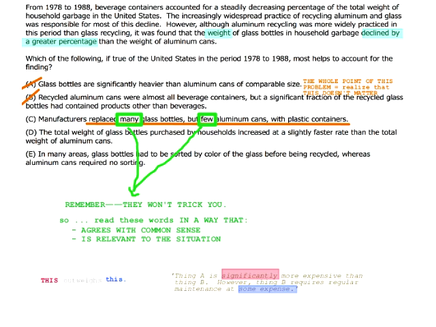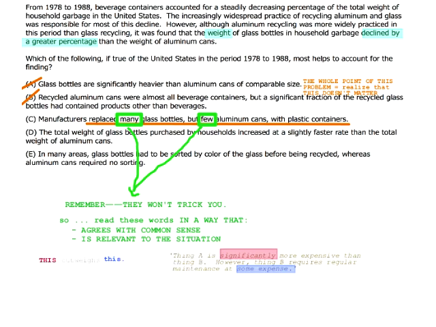Just because it does. If that were not true, this would be tricky, and the GMAT is never, ever, ever, ever tricky. The GMAT uses words in the way that normal people use words in conversation. So just keep that in mind.